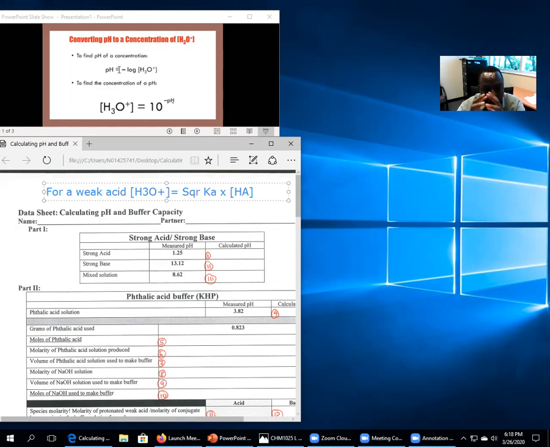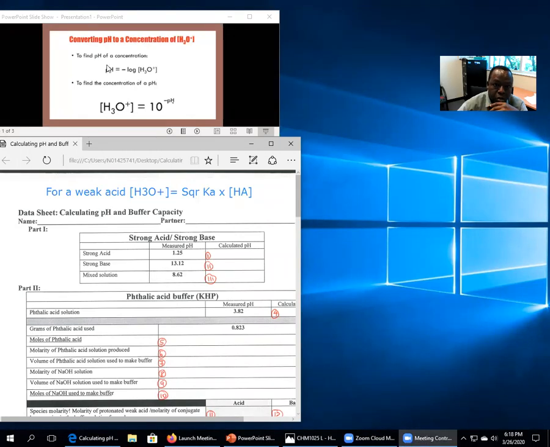We're going to be dealing with the weak acid today, and we will be required to find the pH of a weak acid. How will I find it? It is not based on the equation you see at the top on the PowerPoint slide. This is for a strong acid.